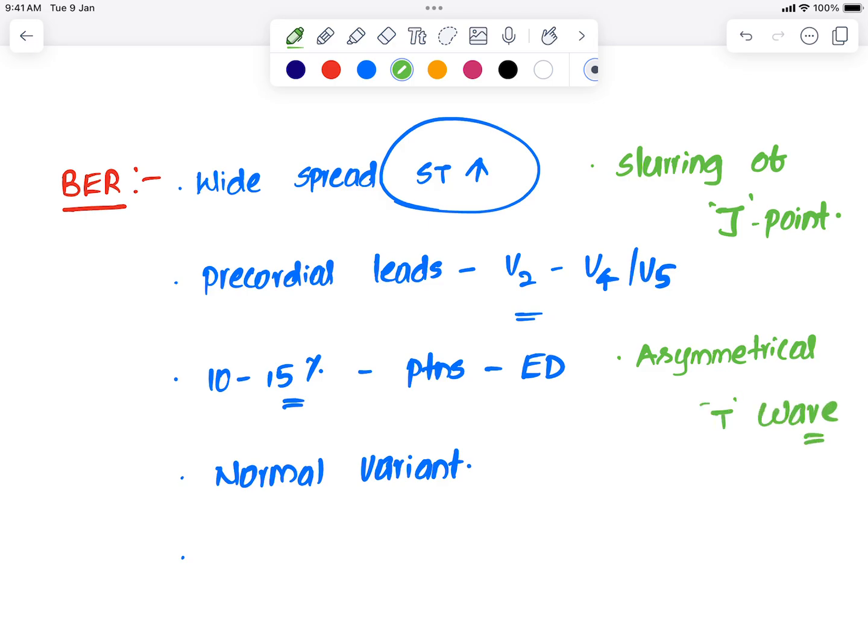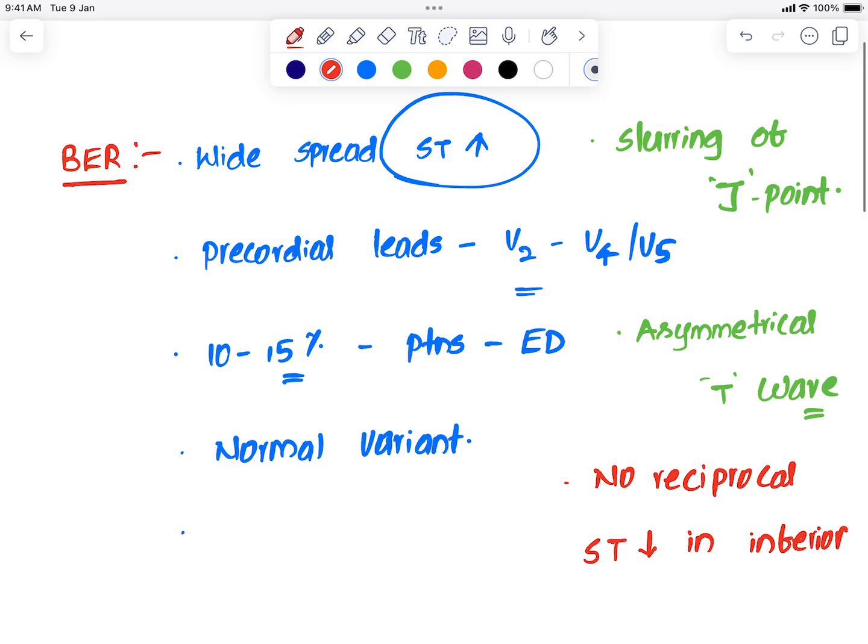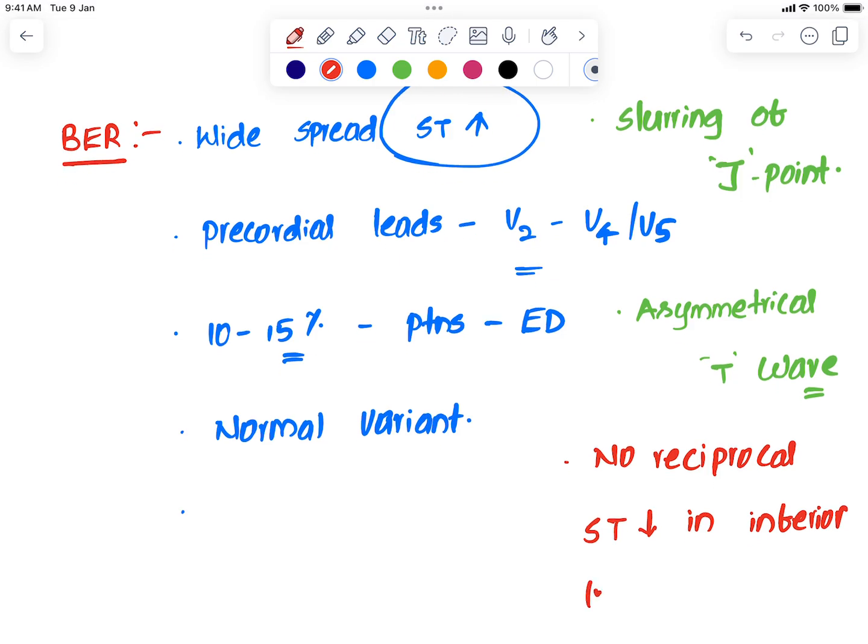I'll show you that particular T wave as well. And what is very important is that you will not have reciprocal changes; there is no reciprocal ST segment depression in the inferior leads. So this is suggestive of benign early repolarization.